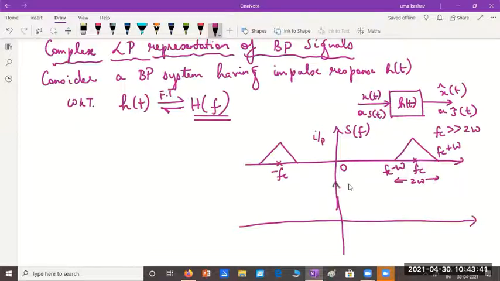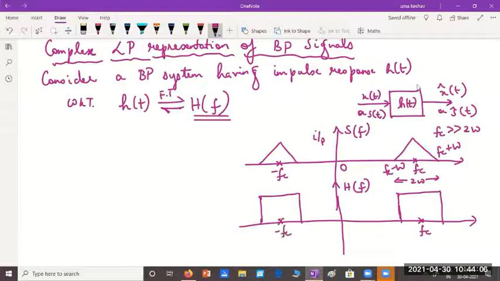Now let me represent the transfer function of the filter H of f. So if I have to filter this signal out, I should have this filter to have at least the bandwidth of 2W or more than that. This filter H of f should also be centered at Fc, right?